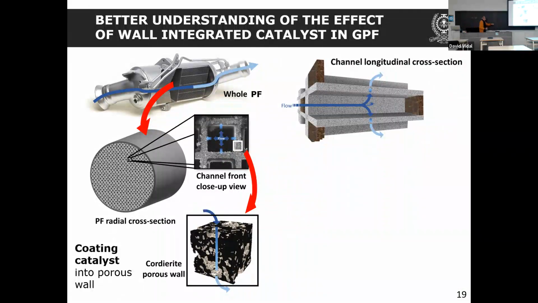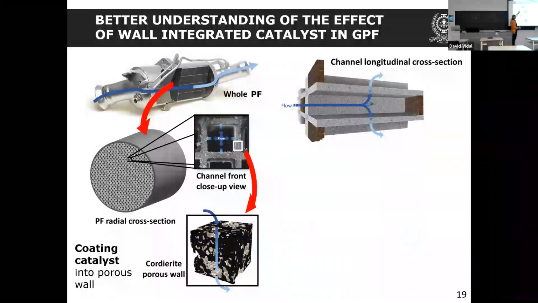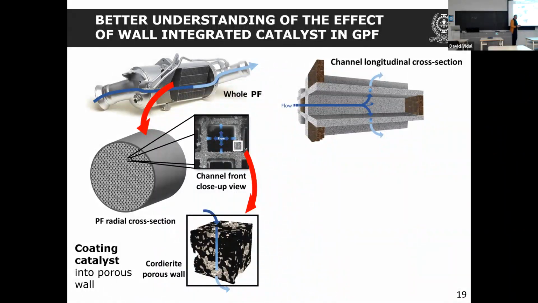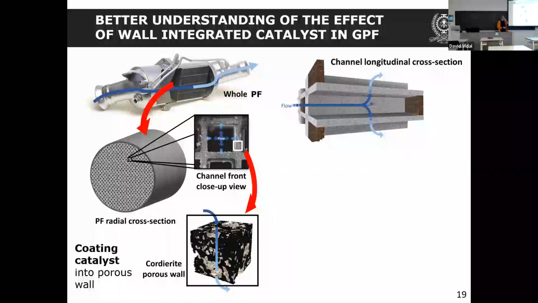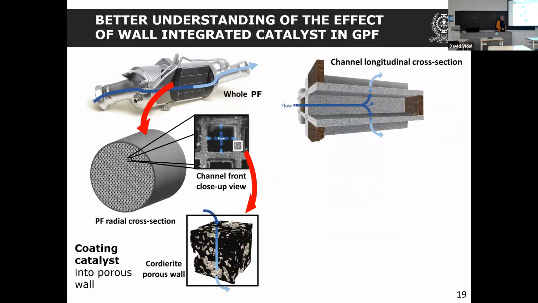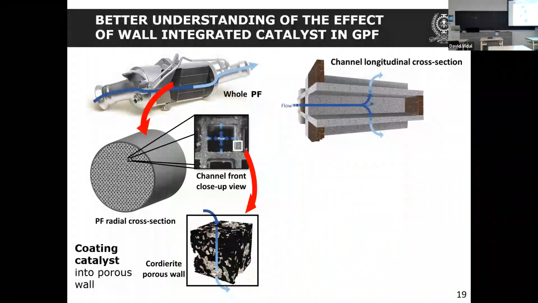Because if you look at the catalytic particulate filter, it has a honeycomb structure, as you see here. You push the air through those channels that you see here in cross section, and each channel has a dead end.